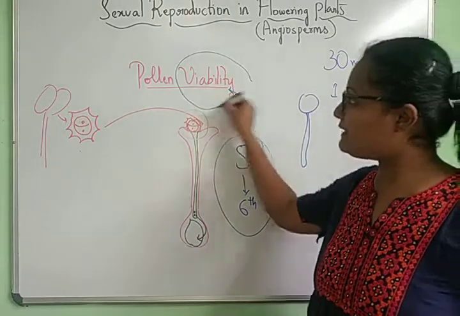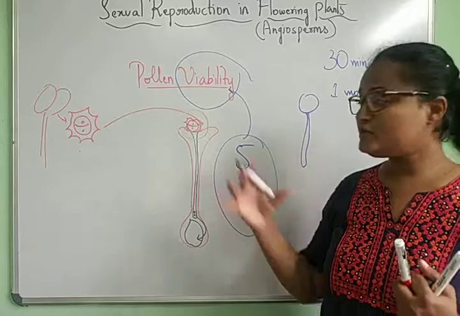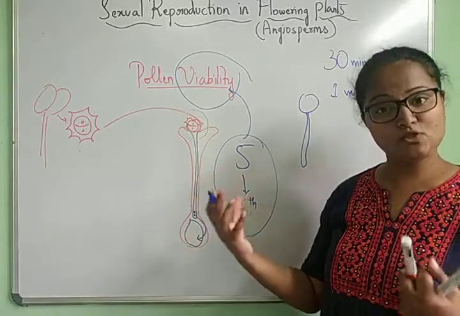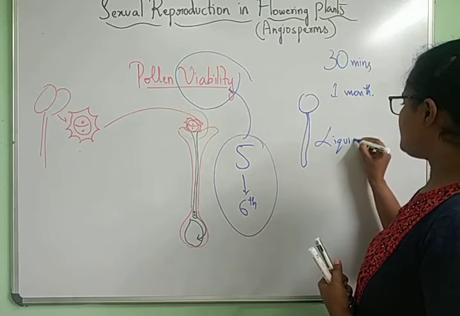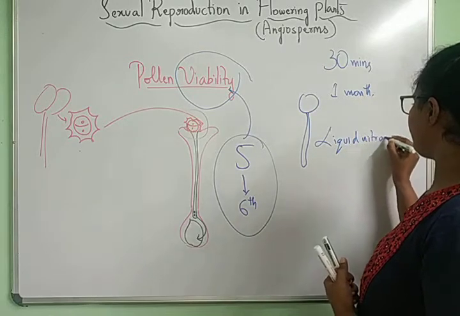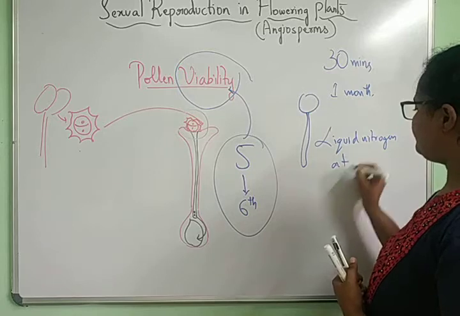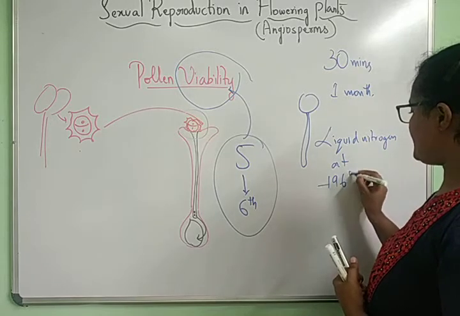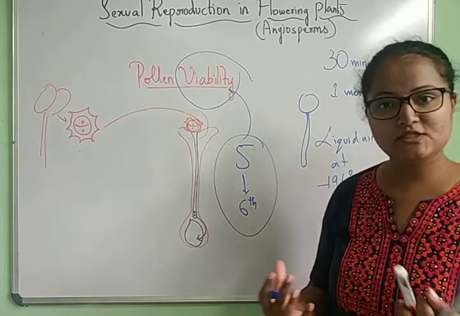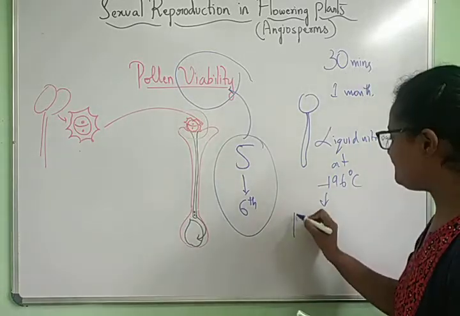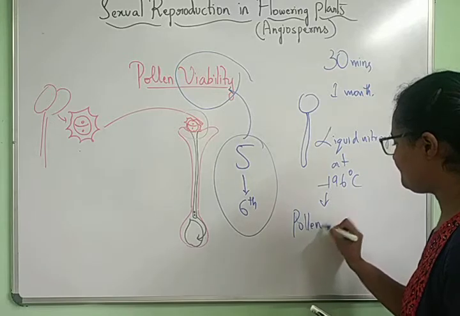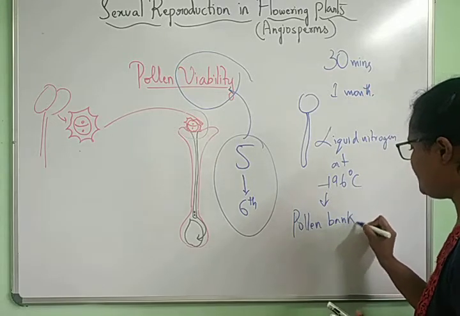Because of this viable nature, scientists store pollen grains in liquid nitrogen at minus 196 degrees Celsius. The storage unit is called a pollen bank.